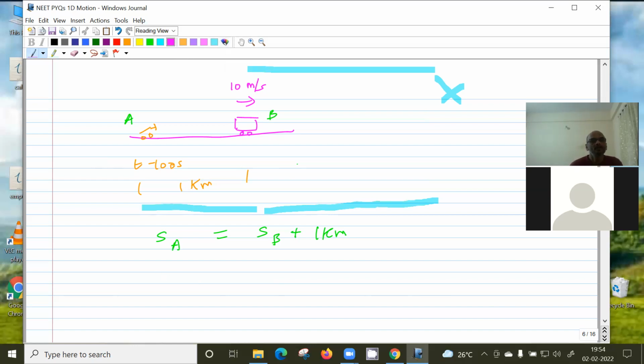So this is u into time, t minus 100. That should be equal to SB, that is the velocity of bus into time t, plus 1 kilometer. In terms of meters, it will be 1000 meters. And we have to find VA, right? Yes. So VB is 10.